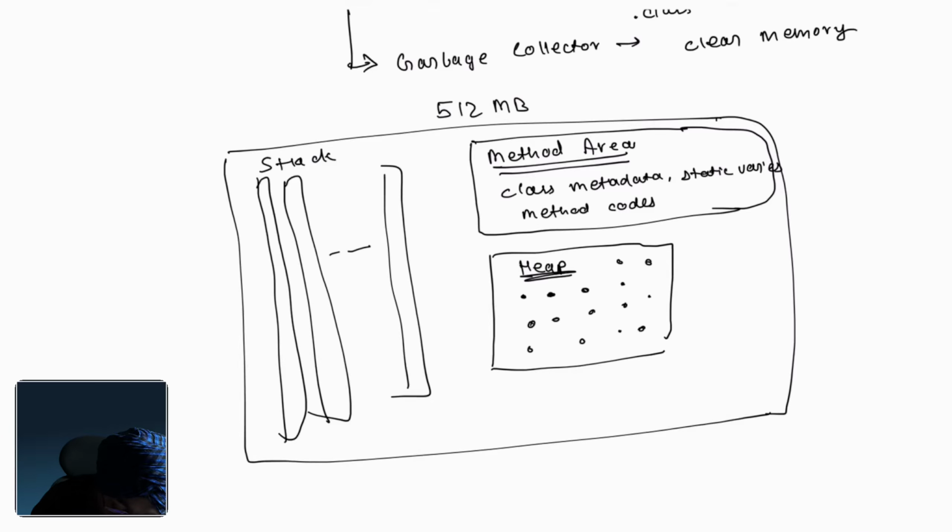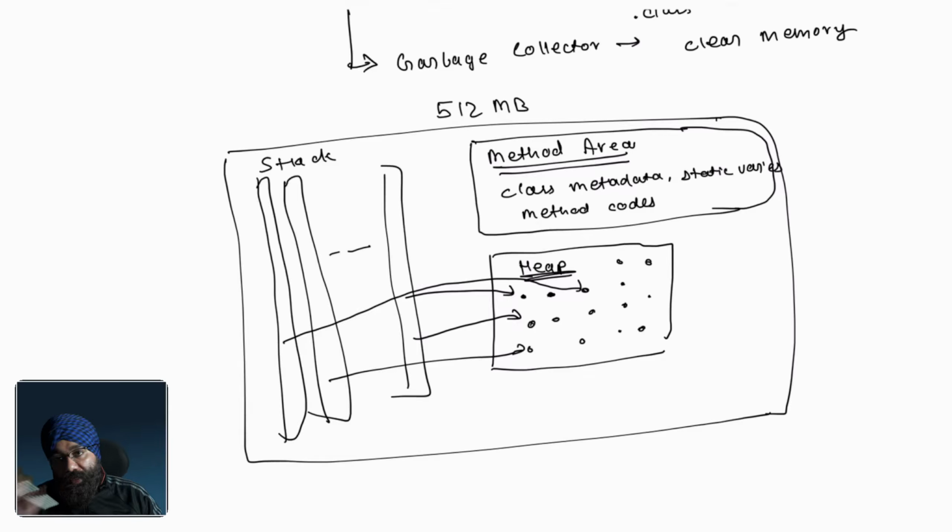It contains references to our method calls, and it contains references to our objects. All the objects are created by the stack on the heap, and it continues to refer to them. And if you remove this reference, then this object becomes eligible for garbage collection.